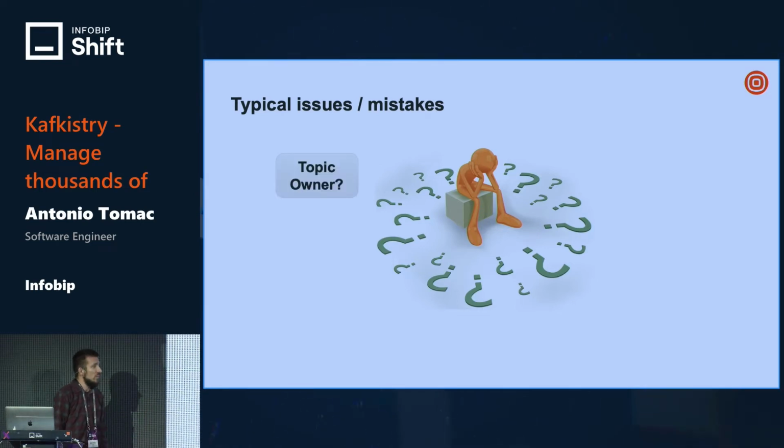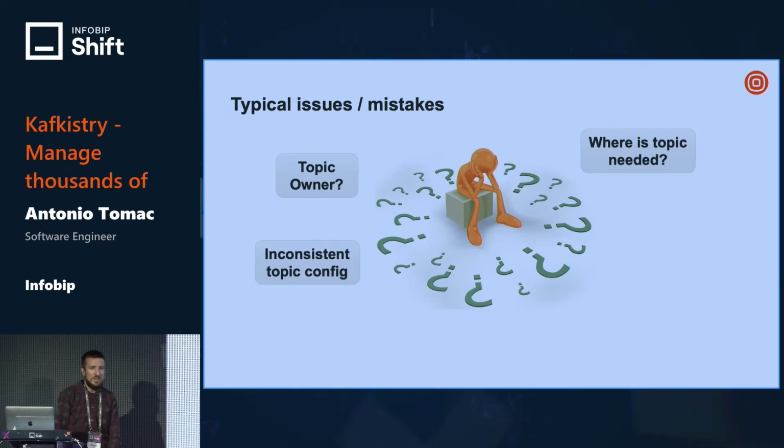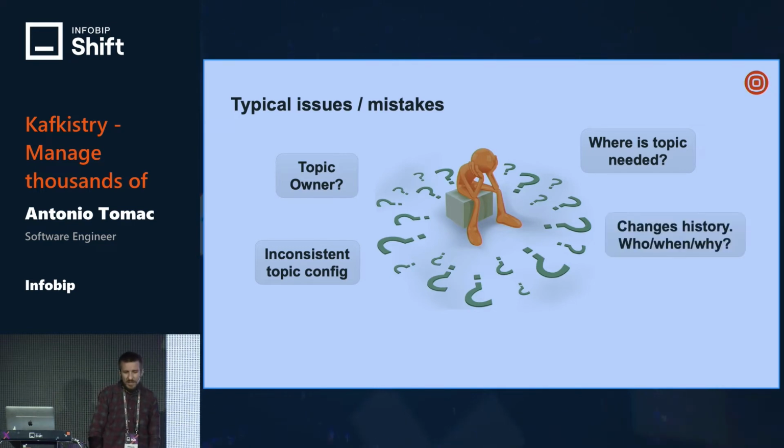And for starters, we couldn't even know who is the owner of each topic and who is responsible for the data. We would have a hard time figuring out where each topic is needed. A lot of topics had inconsistent config across different Kafka clusters. We didn't even know who made some change, who created the topic, who deleted something, or even why.